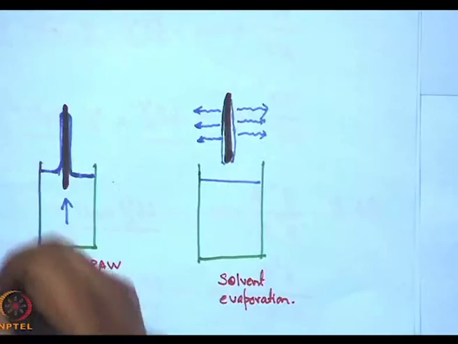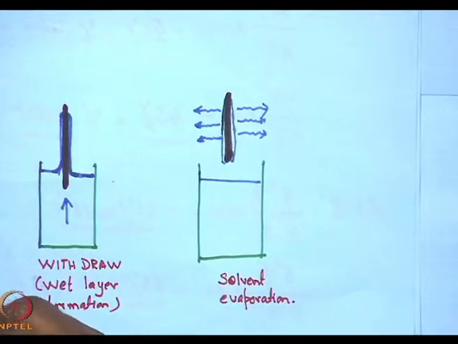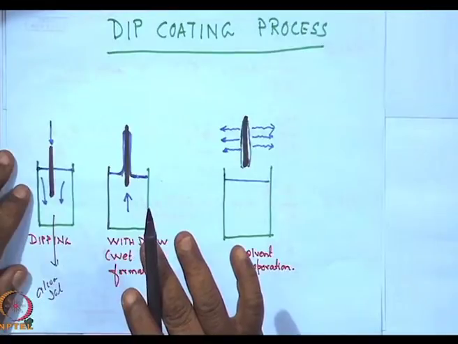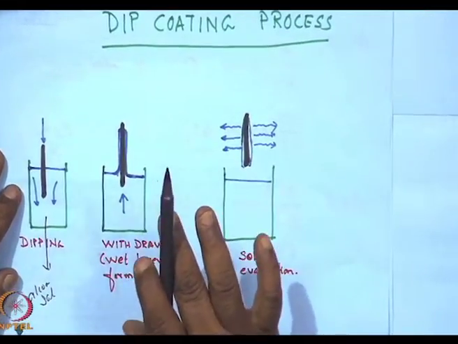Let me try to introduce you to some of those processes and technologies. Let's talk of a very simple process, dip coating. What we do is we take an alkoxide sol, which is basically the alkoxide which has been hydrolyzed.